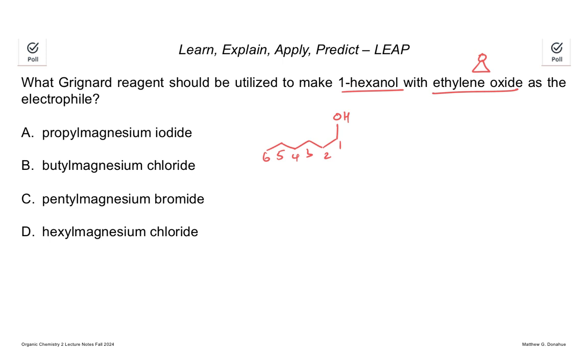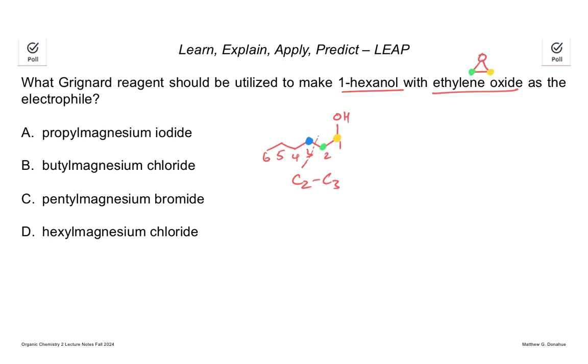So what this is telling us is that, if the yellow is going to be the carbon bearing the alcohol, then we'll use green as the other one. So those two carbons have to come from there, which means that we're actually forming C2 to C3. So the blue carbon at C3 has to be the nucleophile.